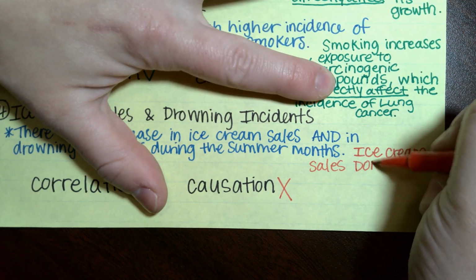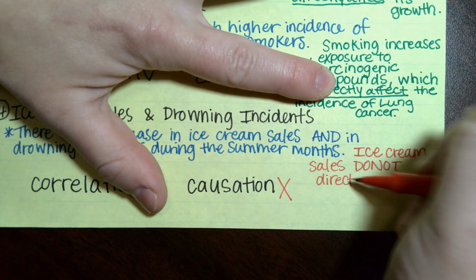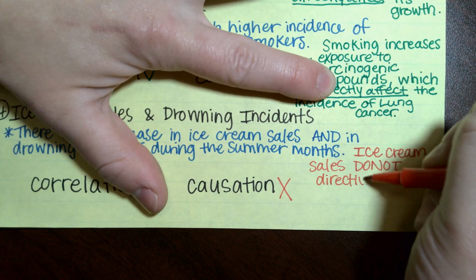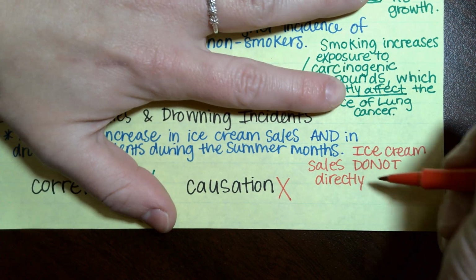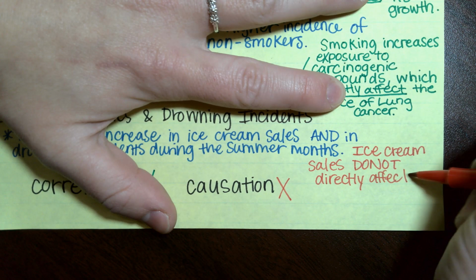do not directly affect, with an A, affect. I'm going to get on you guys if I see somebody write it with an E. I'll knock points off your grade.